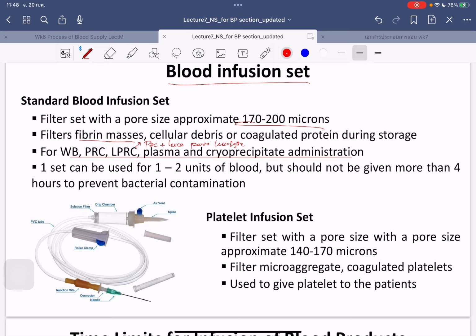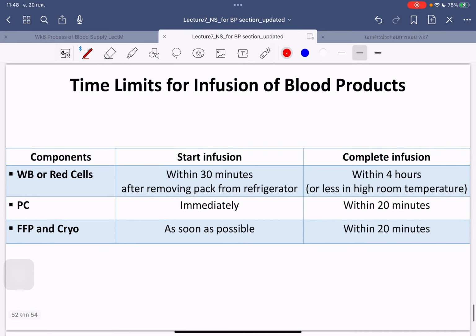Okay. So you should understand a little bit that whole blood and red blood cells should be transfused within 30 minutes after you take them out of the refrigerator.